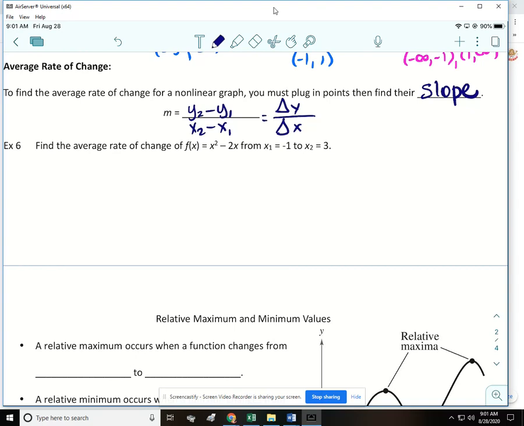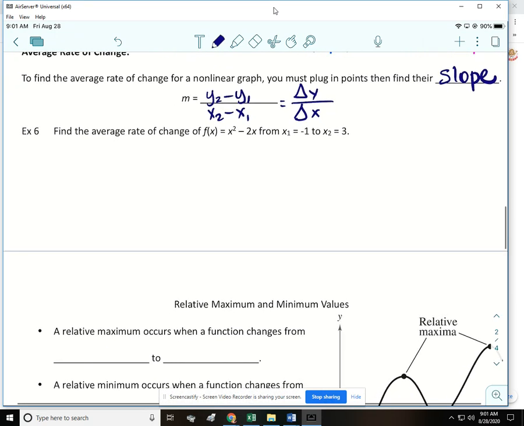All right, so let's talk about this graph for example 6. We're going to find the average rate of change of this function from x1, which is -1, to x2, which is 3. All right, so this graph is definitely a parabola.